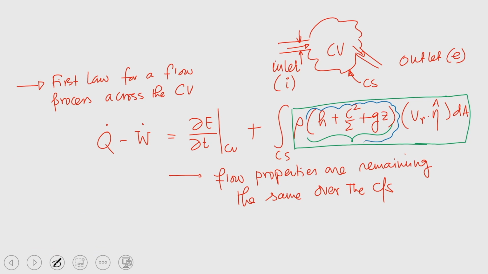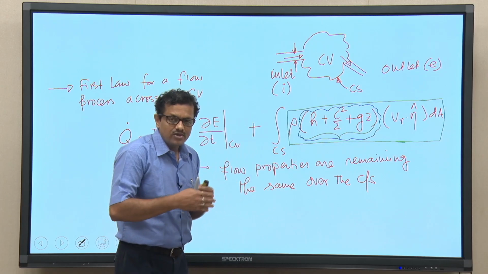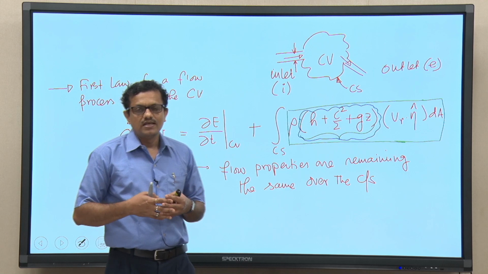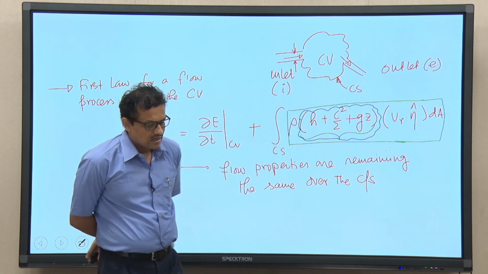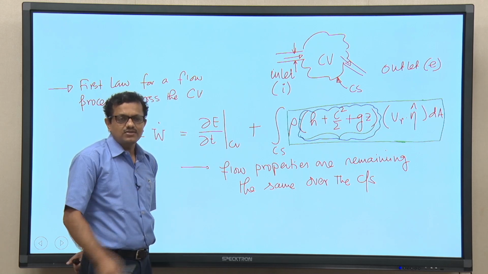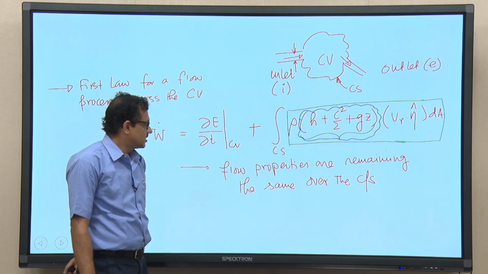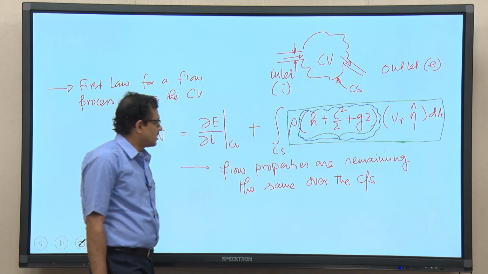This term is basically the internal energy plus the energy required to maintain flow in the presence of pressure, both at the inlet and exit. This is very important to know, because the equation that we are going to derive today is an important equation and we shall be using it in different cycles that will be discussed in this course, in particular in the power cycle.